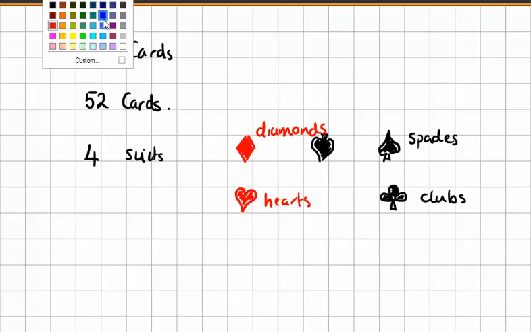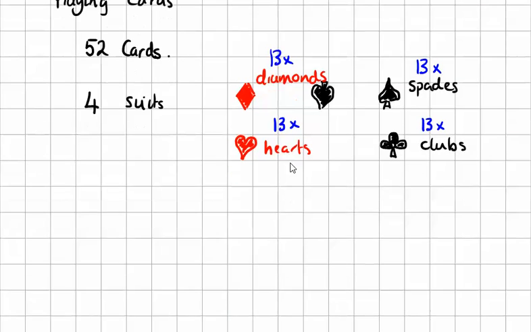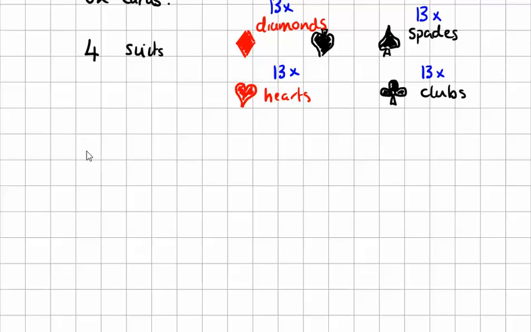Okay, there are 13 cards in each suit, not colour, because there are 26 reds and 26 blacks. To explain, every suit is made up of the same set of cards. We would have a king, queen, and a jack, and it's important that you recognise them.